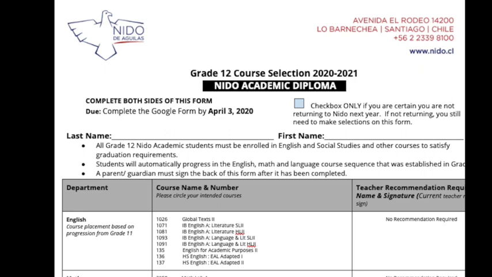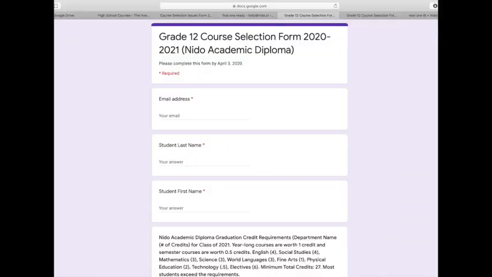You are going to use an online Google form as well, and this is the supplement that we have for being on distance learning right now. Because we're doing distance learning, you're going to use a Google form and also the in-person form.